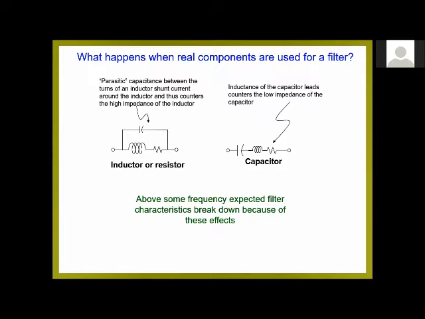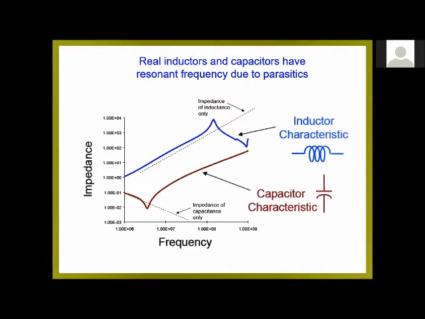It becomes an important part of the impedance of the inductor, and you'll end up with the impedance coming down after that frequency. A similar thing happens with a capacitor. It has leads, and that has inductance, which fights against the natural capacitance of the capacitor. So both of these only have their natural or expected characteristics up to a certain frequency.